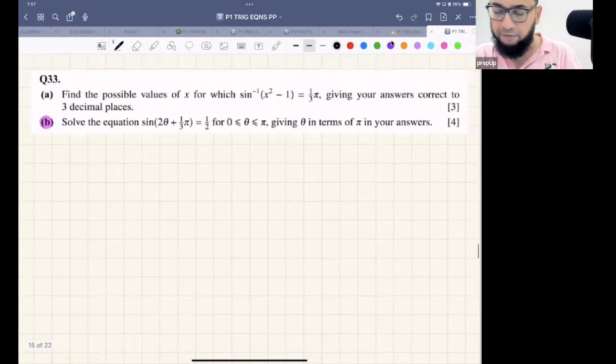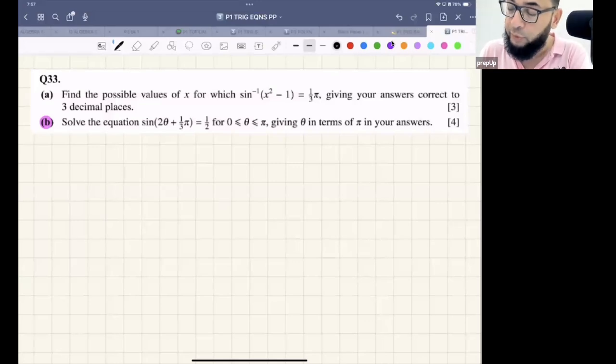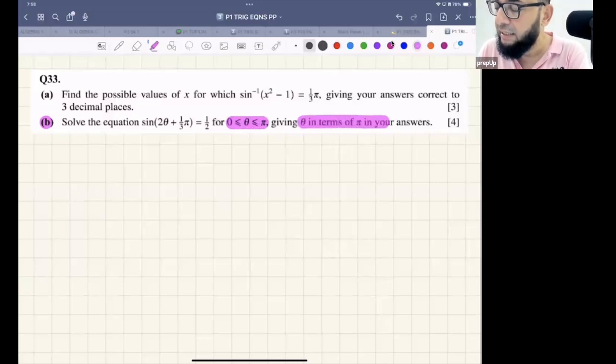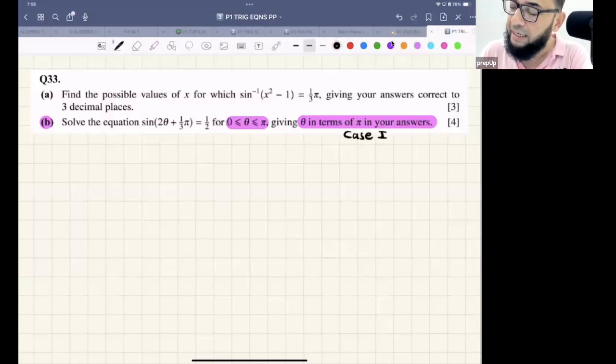Now it says, find the possible values of x, the second part. Now it says solve this equation, giving theta in terms of pi in your answer. So this is the range. This is case number 1, that is working in exact form, and exact form over here means in terms of pi.